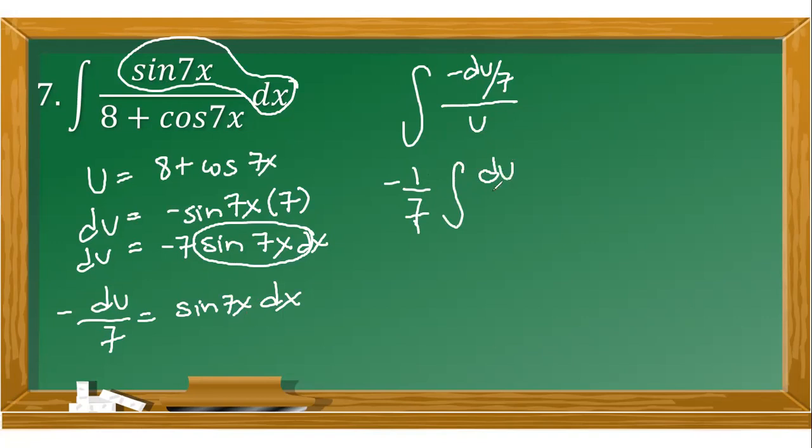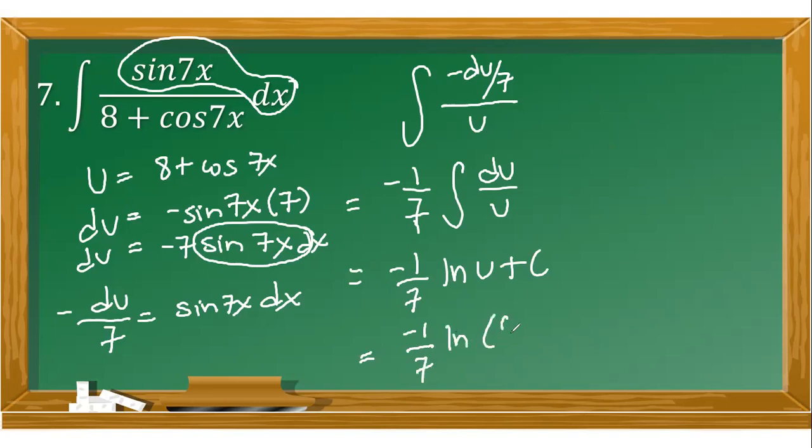So, du over u is what remains. Okay, so again, the integral of du over u is ln of u plus c. Okay, bring back the value of u. So for our final answer, negative 1 over 7 ln of 8 plus cosine of 7x plus c.